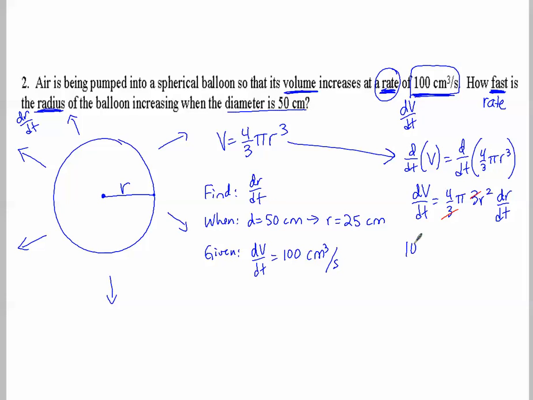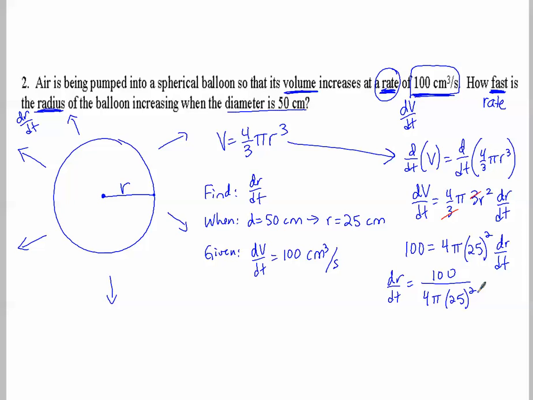dV/dt is 100, 4 times pi, r, that one instant is 25 squared, dr/dt, I don't know. Let's simplify it the best we can, divide by those things, so dr/dt will be by itself. It'll be 100 divided by 4 pi and 25 squared.